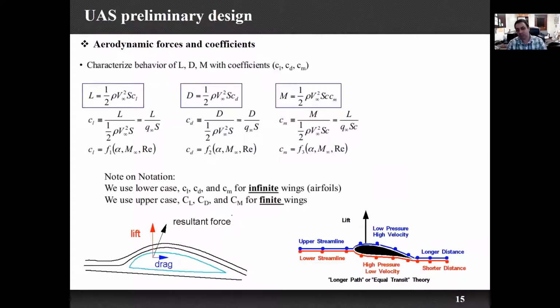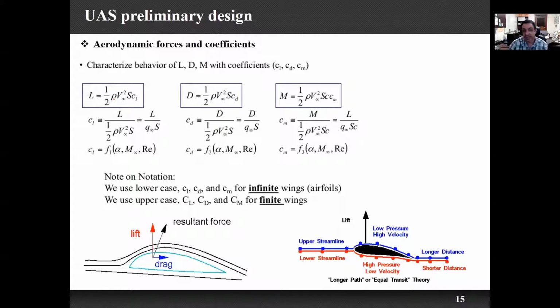These are some equations that I just want to go over. Since we will talk about the software, it's good to show you a little bit of the fundamentals of what happens here. In any type of airplane, we have the lift, drag, and the moment. These are the loads acting on the airplane which allow our airplane to fly. The L stands for the lift.